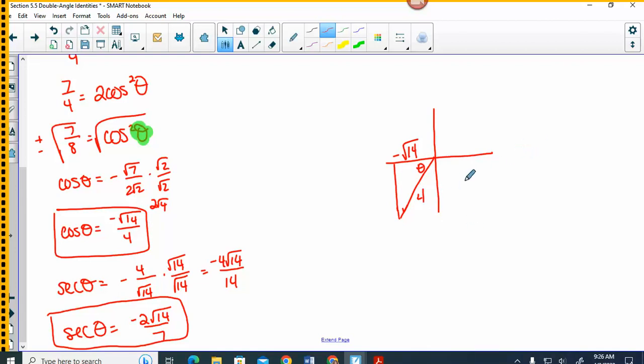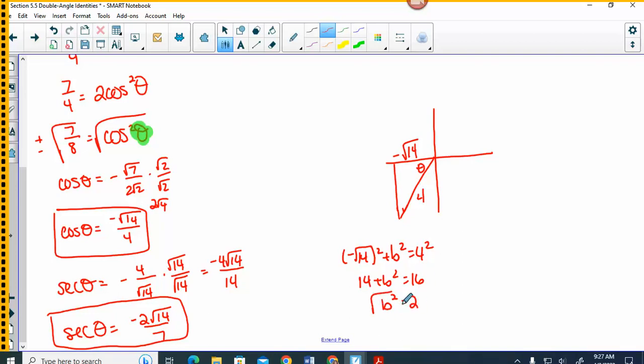So find your missing side. Okay, square root plus and minus, because you're in the third quadrant, that makes this side a negative radical 2.